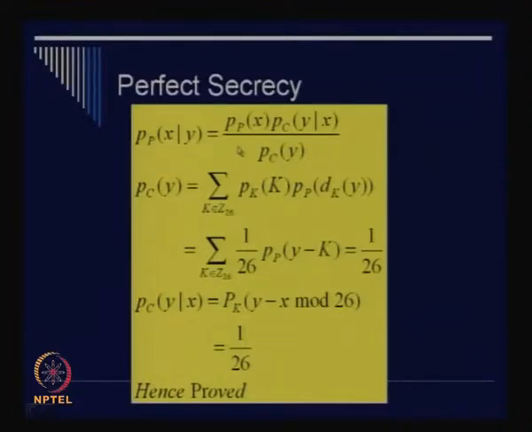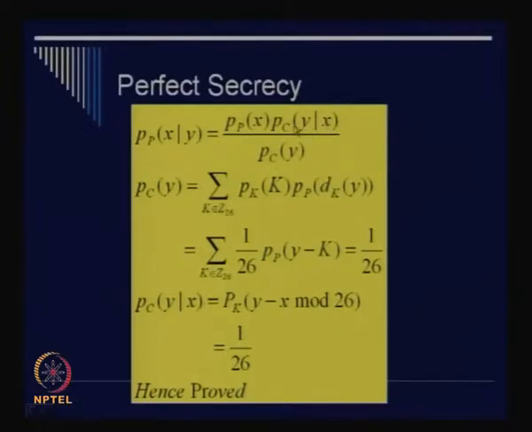The denominator is the probability that y has occurred as a ciphertext, and the numerator says that x has occurred as a plain text, multiplied with the probability that y has occurred given x is a plain text, right? So can you understand what is the value of this P(y given x)? It is the same as the probability that the key has been chosen, and that key is equal to (y minus x) mod 26, right?